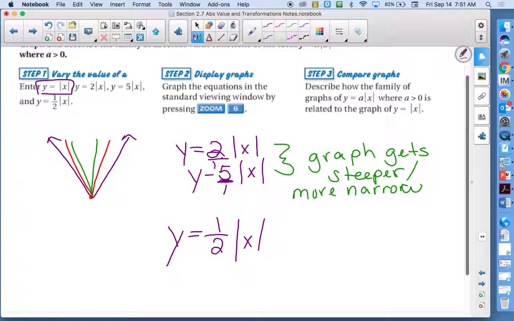Julian? That makes it wider. Yeah, it makes it wider because I'm going up 1, but now we're going right 2. So we're rising 1, but we're doubling our distance to the right. So this graph would become wider. So if there is a number less than 1 in front, actually between 0 and 1, the graph is going to get wider. Again, this represents the slope.